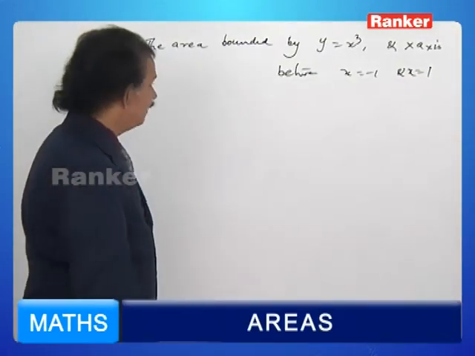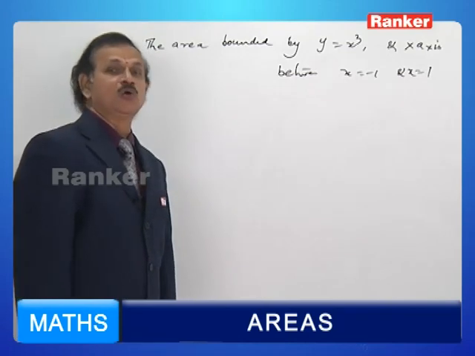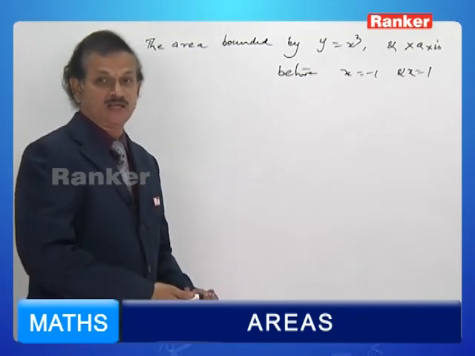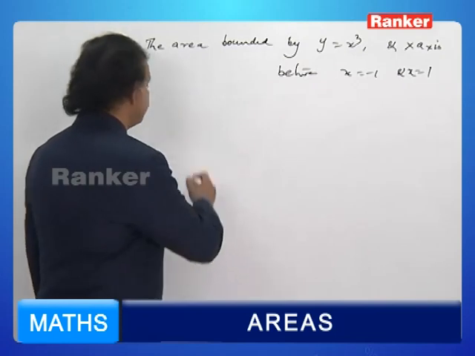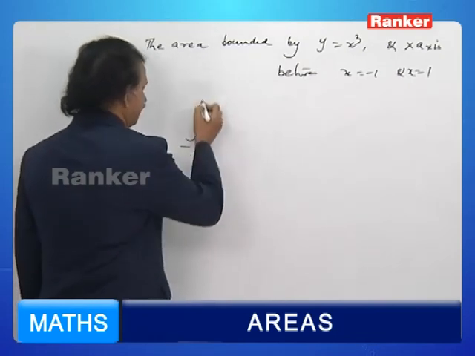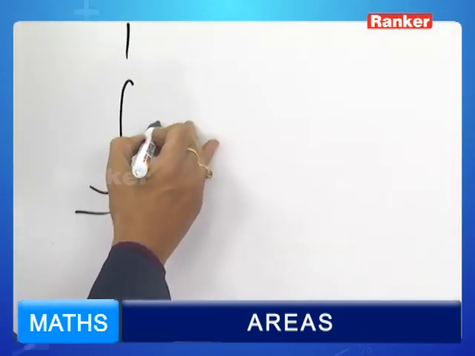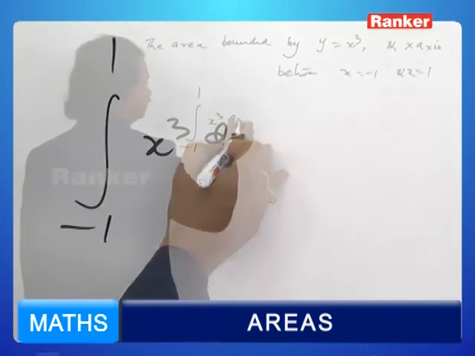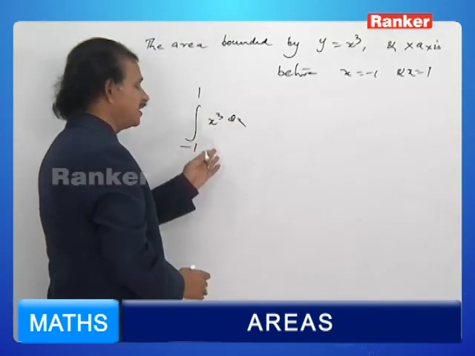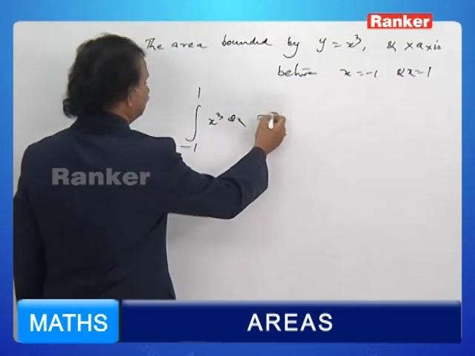Yes. Well, my dear, without looking at the graph of the given function, if you just find the integral from minus 1 to 1 of x cube dx, x cube is an odd function, so it is 0.